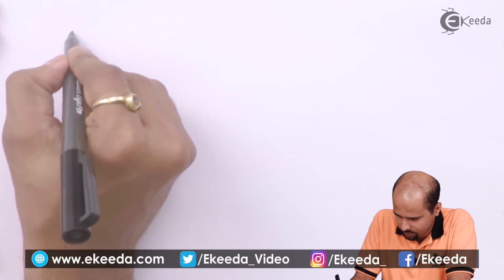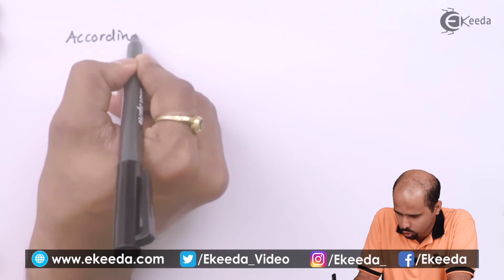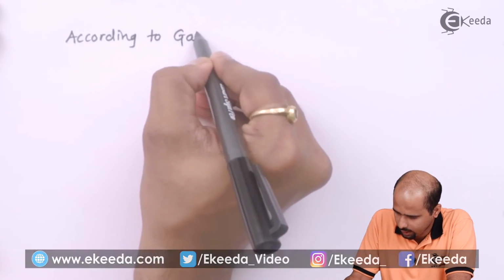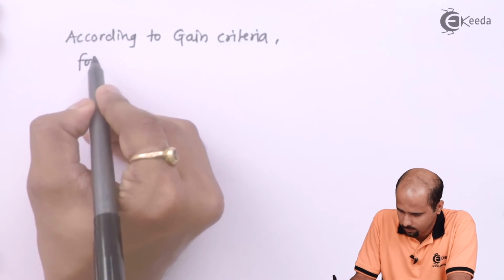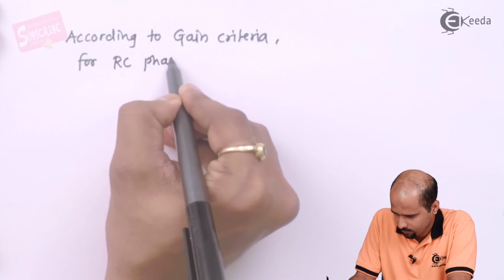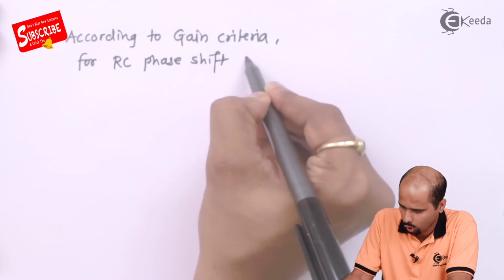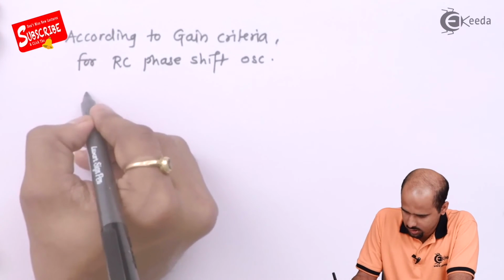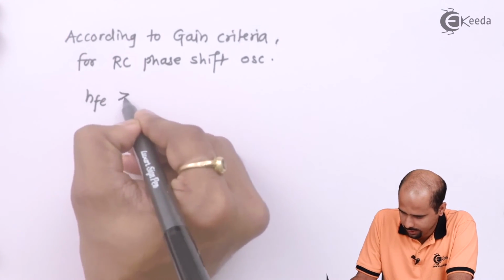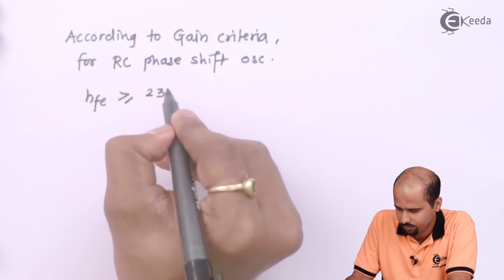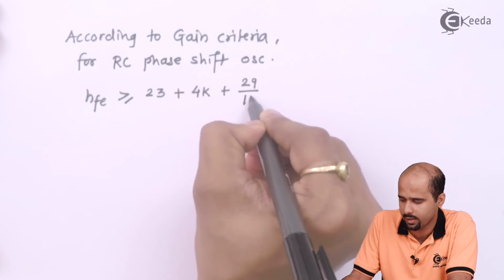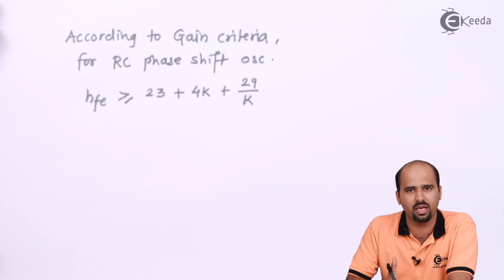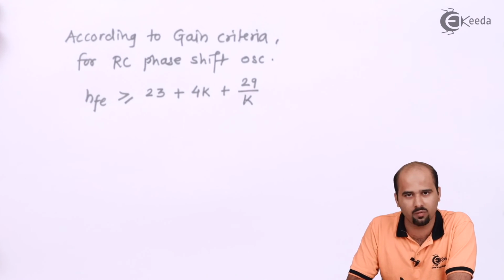It's a very simple put-the-value-get-the-answer type. According to the gain criteria for the RC phase shift oscillator, we say HFE should be greater than or equal to 23 plus 4K plus 29 divided by K. I know the value of K. Now it's very simple, just add 23, 4 and 29.